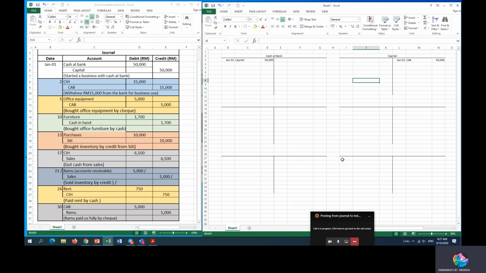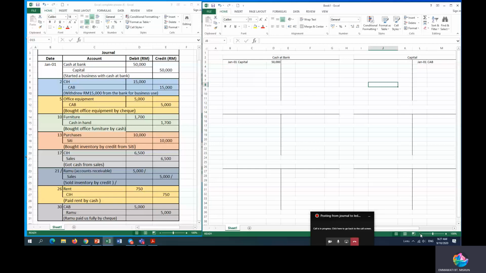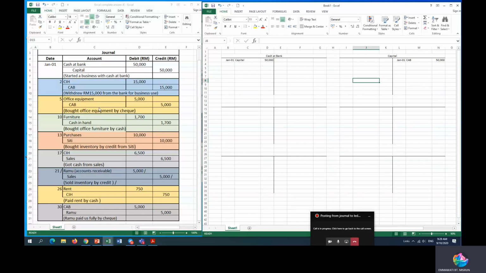So now let's proceed to the second transaction, which is on January 2nd. We have two accounts on January 2nd, which are cash in hand and cash at bank.